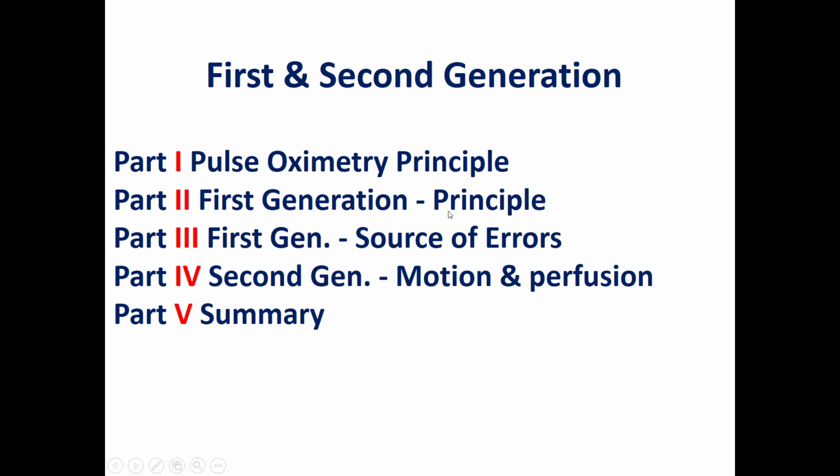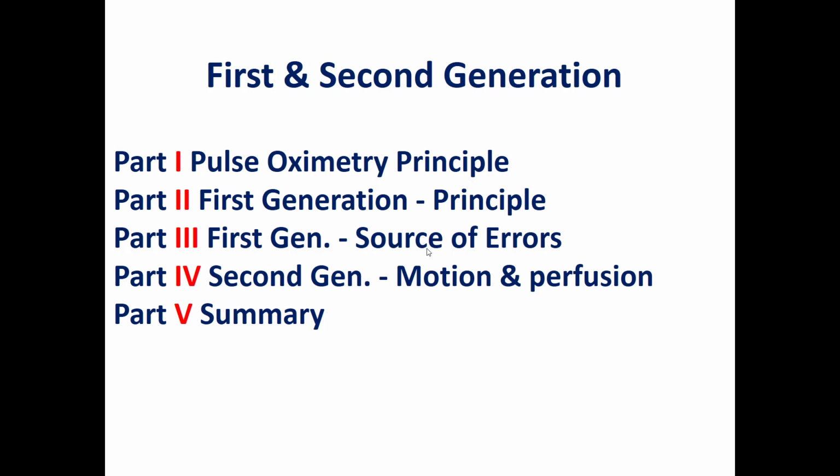Another method, used to increase the accuracy and replace the previous method, the Beer-Lambert law, is the use of what's known as the R curve, and we will talk about this during this session. Then we will talk about the first generation sources of errors. We will see we have many types of errors which happened in the first generation, and this led to errors in the readings and measurement.